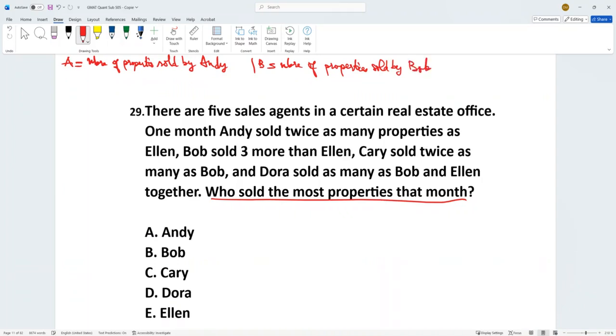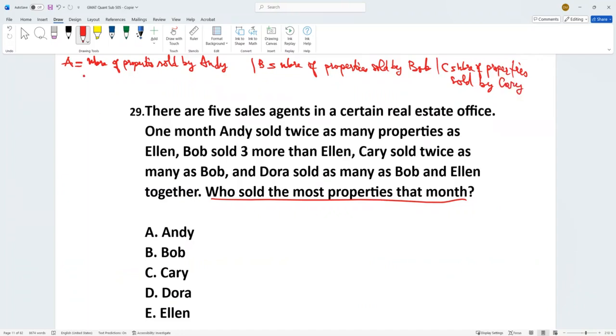And then C is equal to the number of properties sold by Carrie.